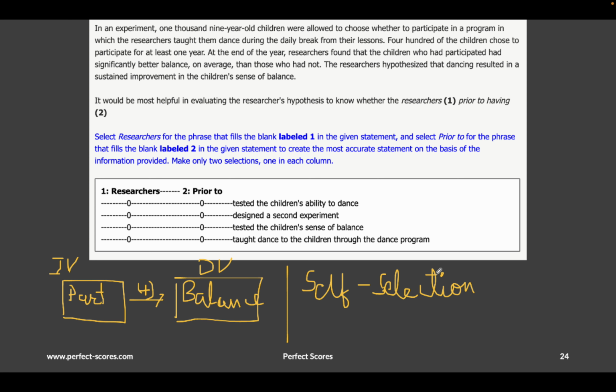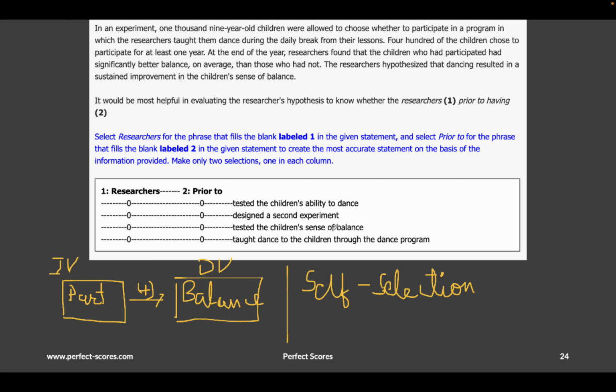So let's choose the answer options here. We want to make sure that if we can measure students' balance before making them participate in the study, that would actually be helpful, because if I know students' prior levels of balance, then I will be able to account for that, whether there was a significant increase or not.